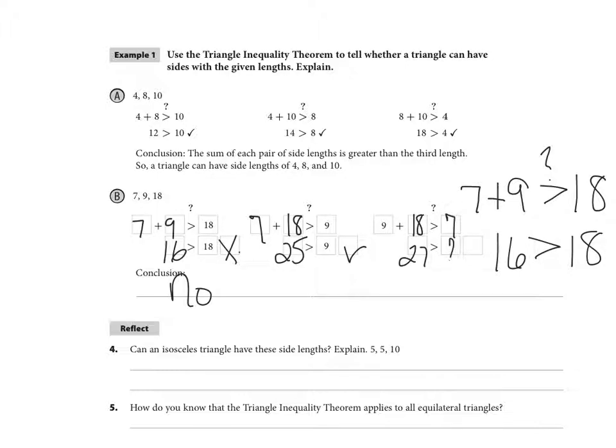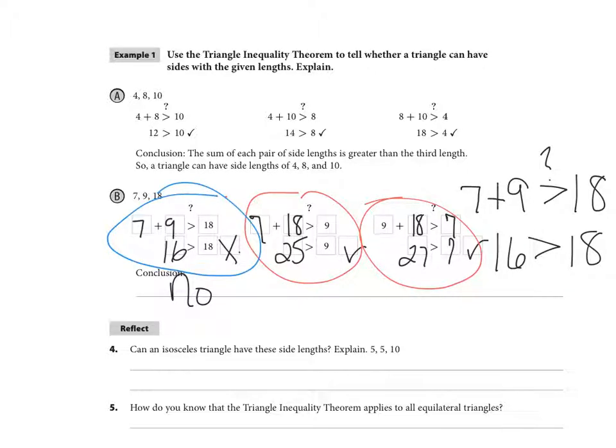And of course it works. So do you see that these two things right here are silly to do? Because you know those will work. All you really need to do is add the two short sides together. Okay?